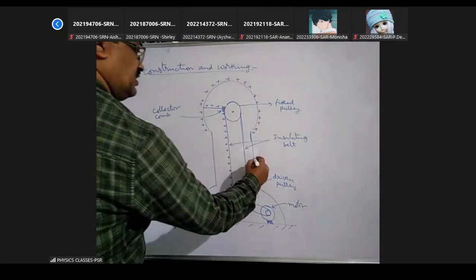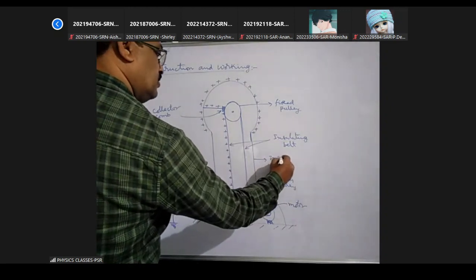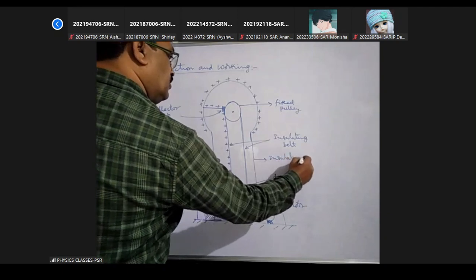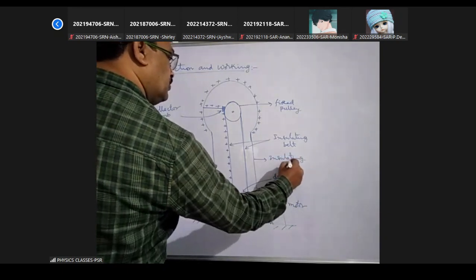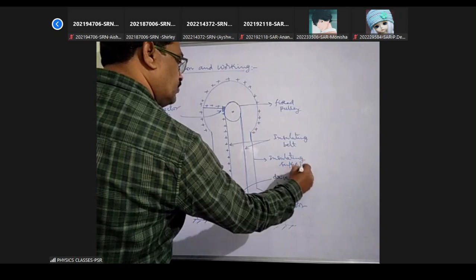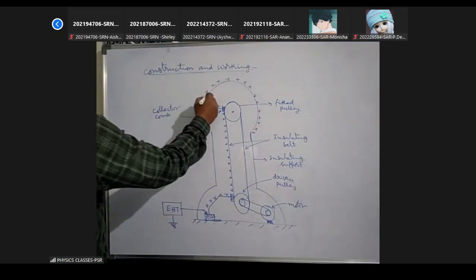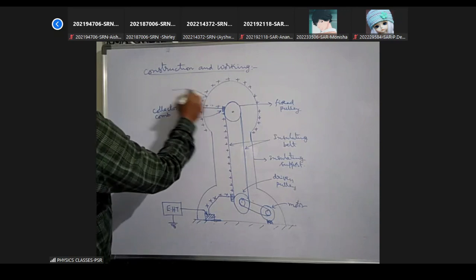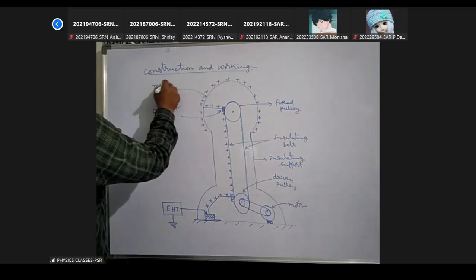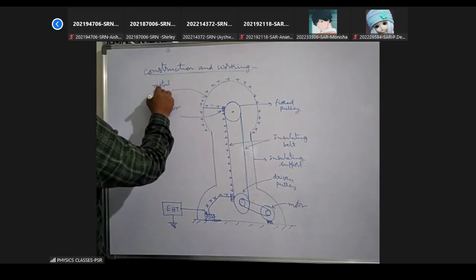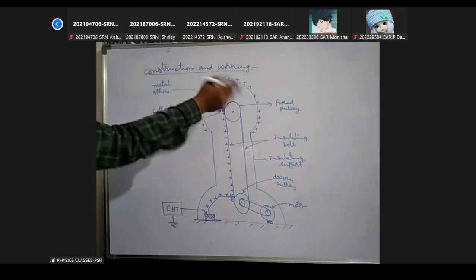From here to here, this is an insulating support. This is a metal sphere, that's why it absorbs the charge.